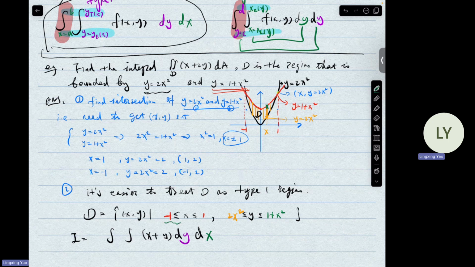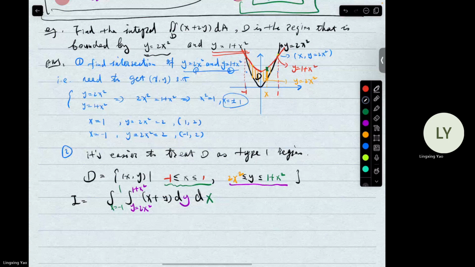X, as we said, is between -1 and 1. And how about the y? As we discussed, the y is starting from 2x squared and then stopped at 1 plus x squared. So this is how we set up the iterated integral by treating the domain as type 1 region.